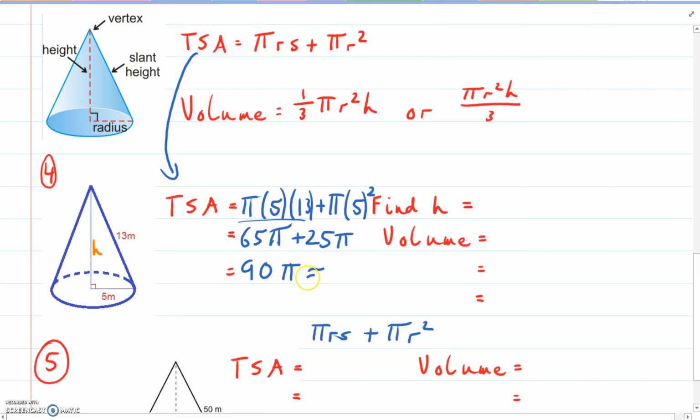I'll leave you to approximate that on your calculators. Of course, that would be meters squared. So let's find h as well. So we've got our triangle, and we've got 5, h and 13. So we're going to do 13 squared minus 5 squared equals h squared.